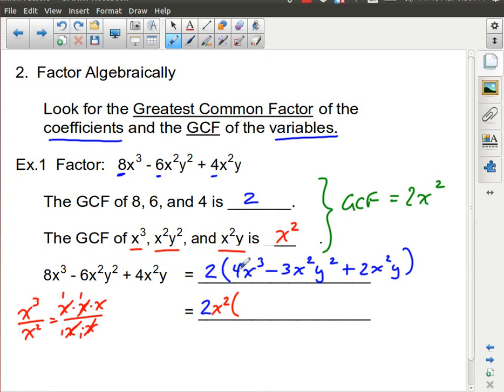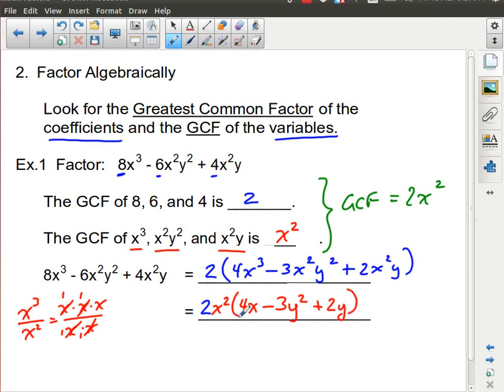So all that's going to be left here, the 4 stays, and x squared multiplied by x would give me x cubed. I've got minus 3, and what happens when I take x squared y squared and divide by x squared? The x squareds divide out, and that's just going to leave me y squared. And then finally, I've still got my plus 2, and I've got x squared y. When I factor out the x squared, all that's left behind is a y.